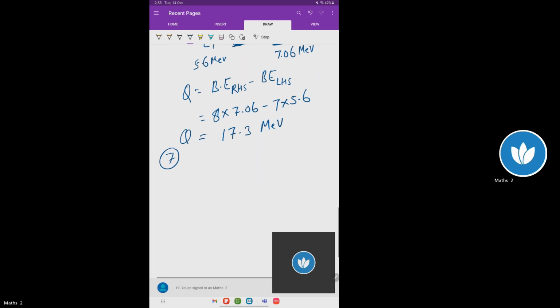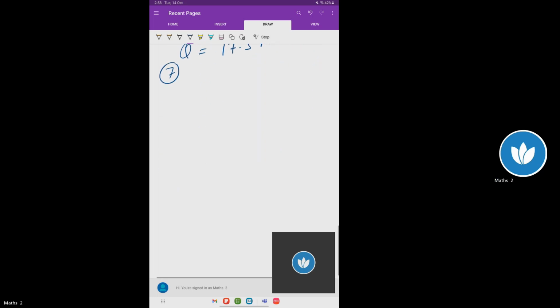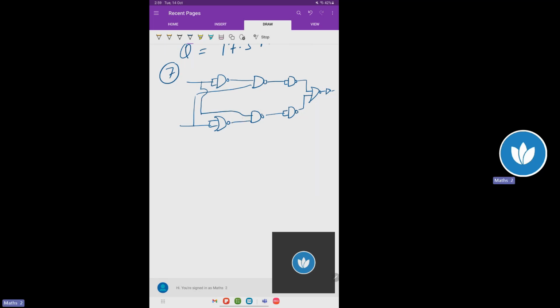Question number 7. This is A, this is B. So the input of this gate is the same, this is a NAND gate.